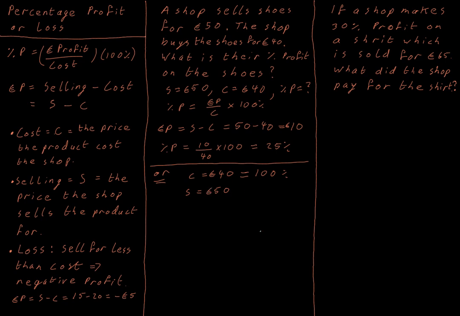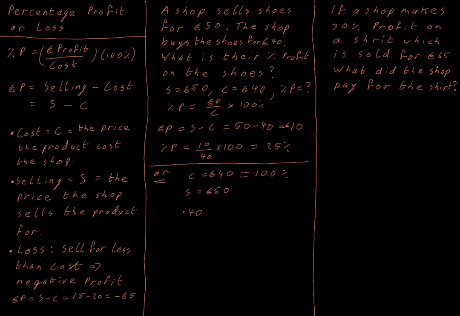We can use the unitary method to find out what percentage our selling price is. We want to know what our percentage increase is. So what was our percentage increase in our selling price?